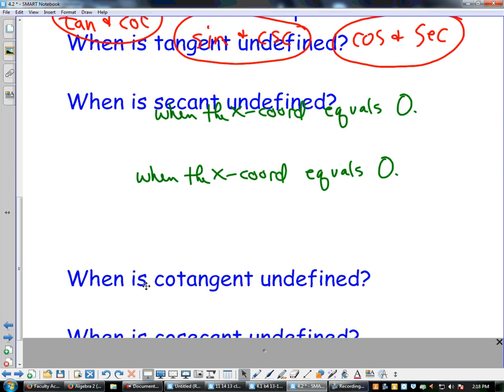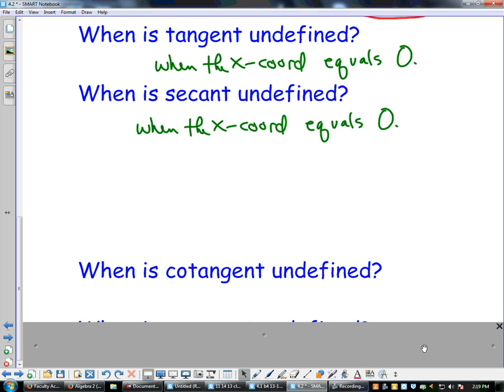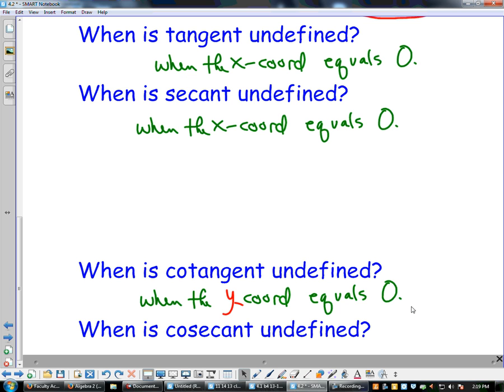When is cotangent going to be undefined? What do you think about that? You're looking back at your notes. Alyssa. All right, when y is equal to 0. All right, and what about cosecant?